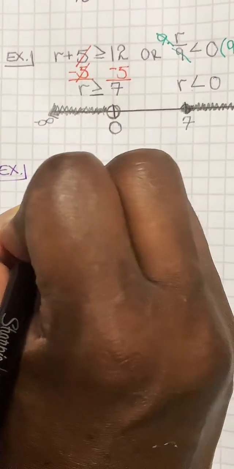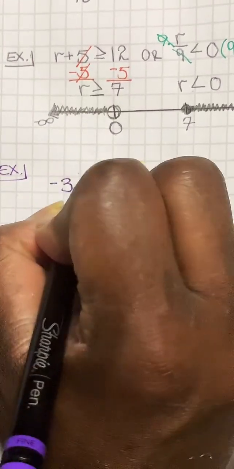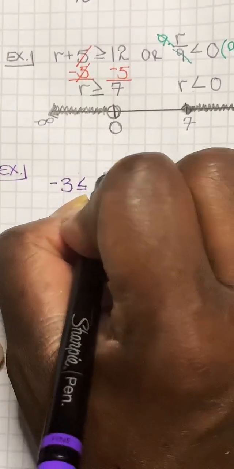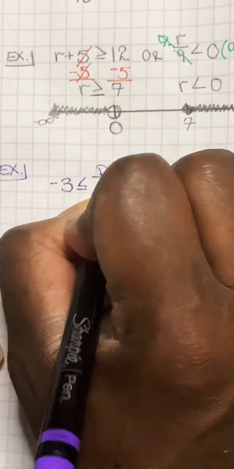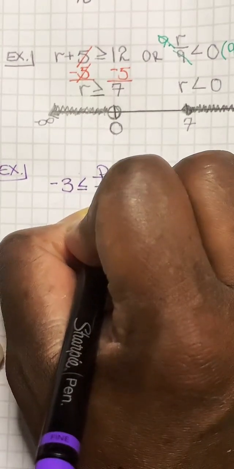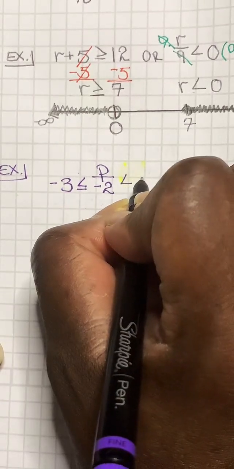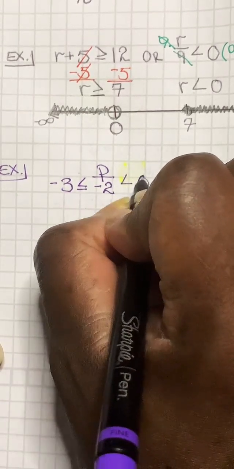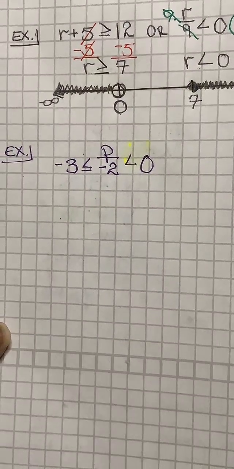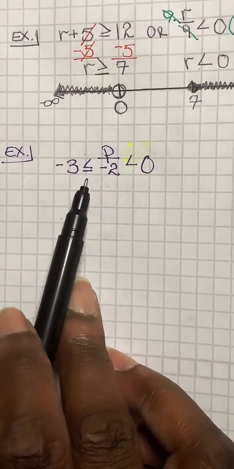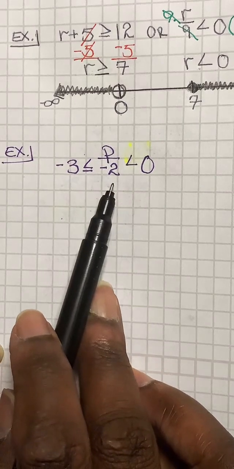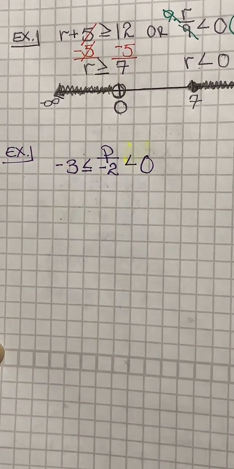So we have -3 less than or equal to p over -2, less than 0. Okay. So -3 less than or equal to p over -2, which is less than 0.